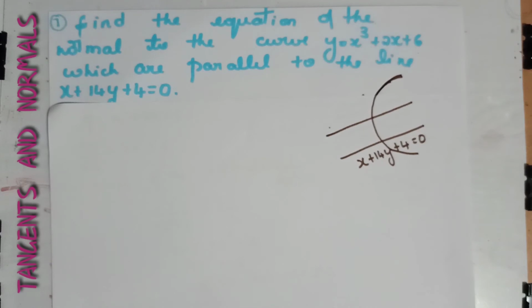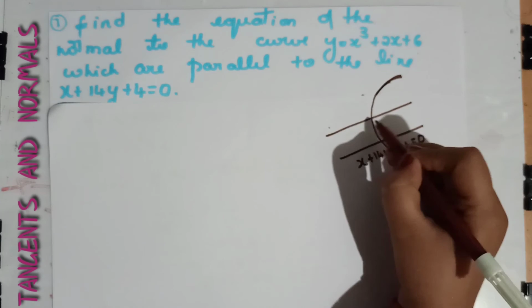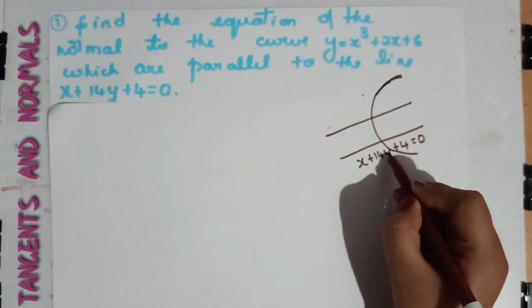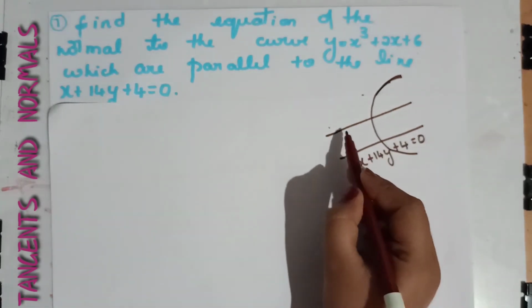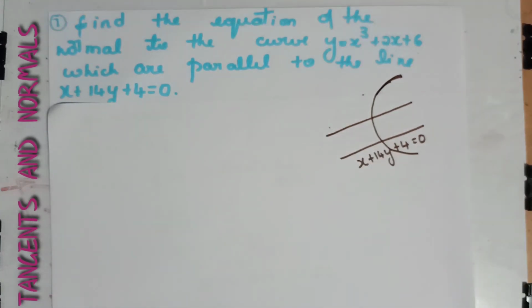Question number 7. Find the equation of the normal to the curve y is equal to x cube plus 2x plus 6, which are parallel to the line x plus 14y plus 4 is equal to 0. Now you have to find the equation of the normal which is parallel to this line. Here it is clearly understood that the lines are parallel, that means the slopes are equal.